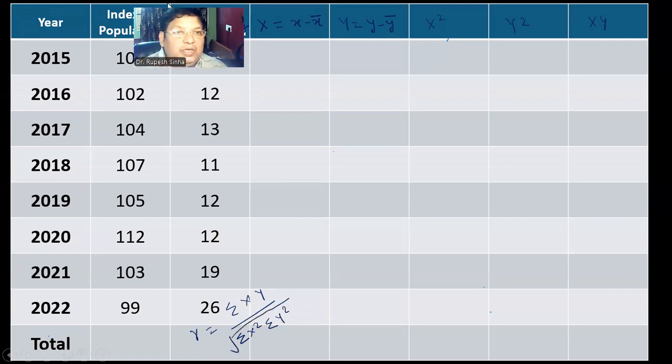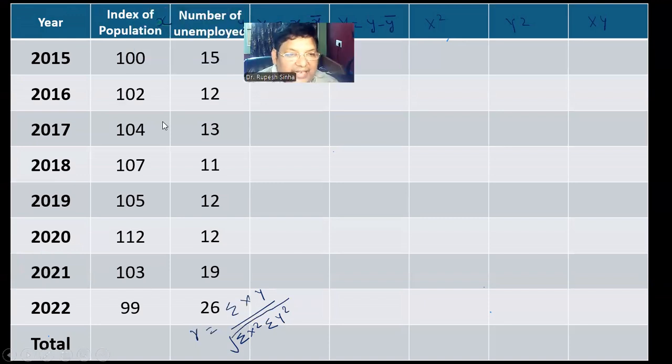We are going to add all these values of x so that we can get the mean of x. We need the summation of x. So let me add it: 100 plus 102 plus 104 plus 107 plus 105 plus 112 plus 103 plus 99.